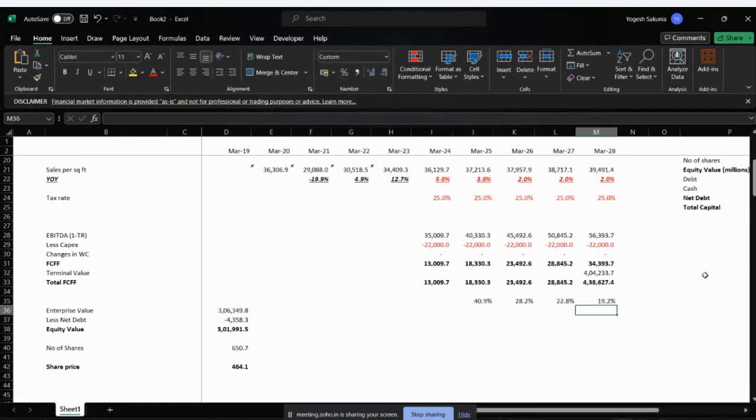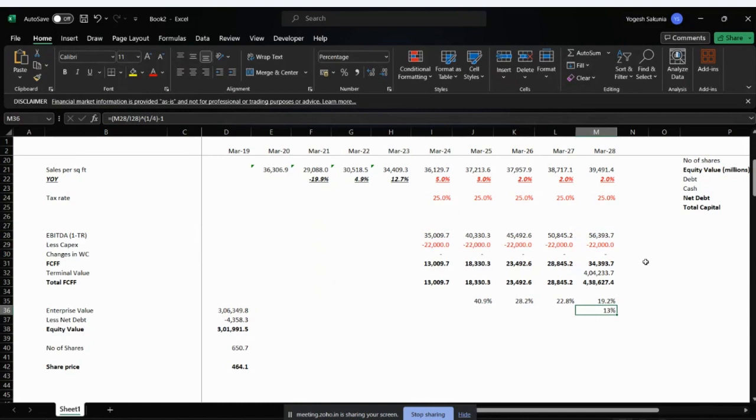If you just find out the CAGR also, we can quickly find out the CAGR. Right?